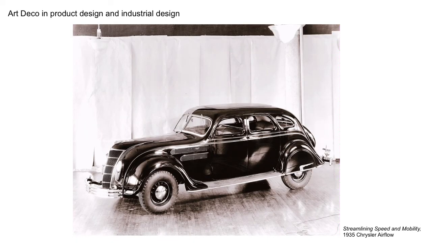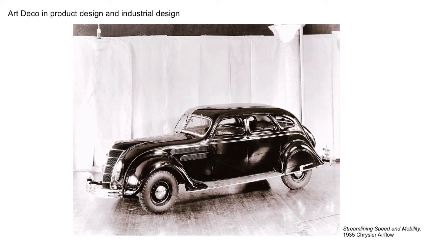It's not just the built environment. Product design, industrial design took on these Art Deco ideas. You have to look a little more carefully, but here you can see this energetic form, the curvature of the car to display its speed even when it's sitting still.